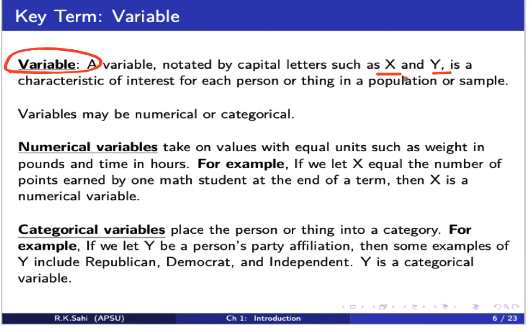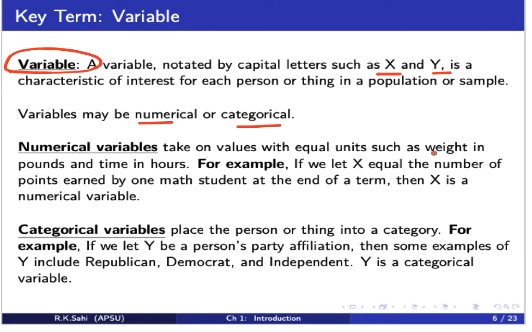Okay, now there are two kinds of variables. One is the numerical variable and the other is the categorical variable, which is basically the non-numerical variable. Okay, let's look at numerical variables. As the name suggests, these are the values taken by the variable that are numerical.